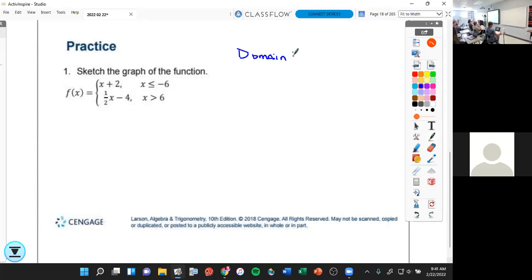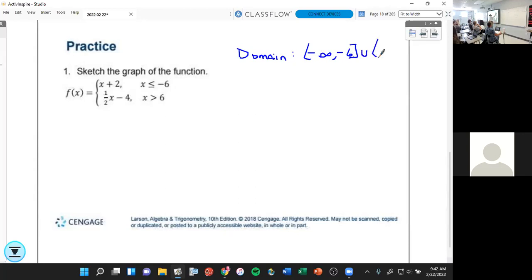Where's the domain start? Until? Okay. I'm kind of wondering right now if that's by chance an error when they're doing this.